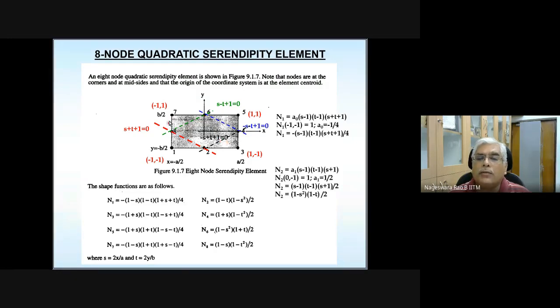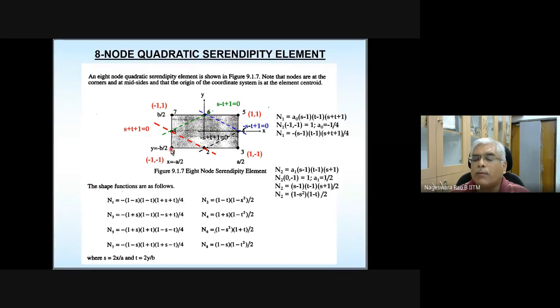So if you want to derive element shape functions for a 7-node element, you adopt the same philosophy we adopted here. Let's write the shape function expression for node 1. The node 1 expression should be equal to 0 along this edge and along this edge. The equation of this edge is S equal to 1, and the equation of this edge is T equal to 1.